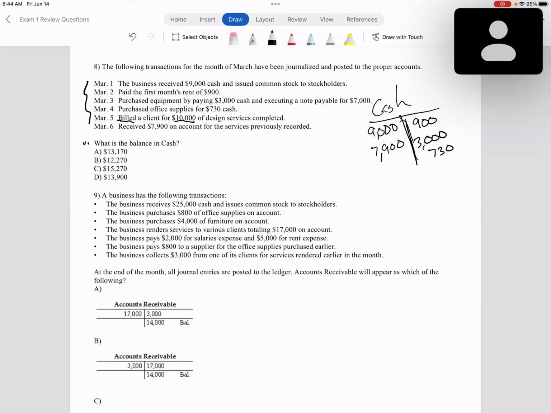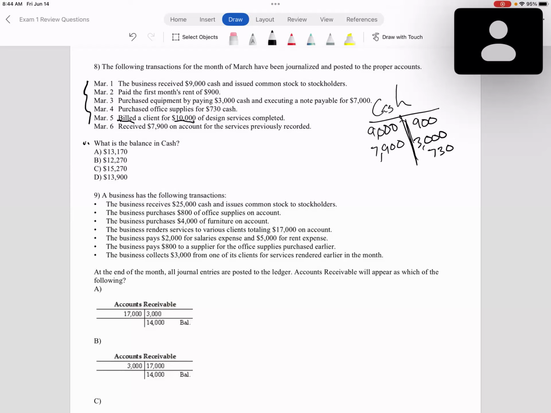Now all you have to do is sum these up real quick. Just go 9,000 plus 7,900, and then subtract off all of those credits.